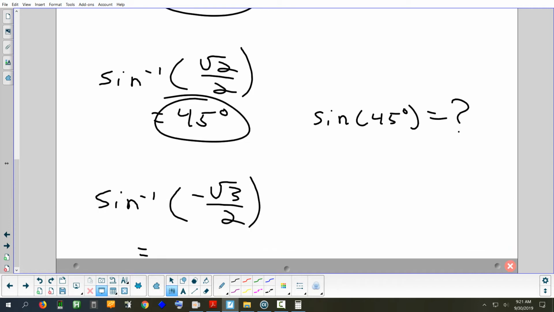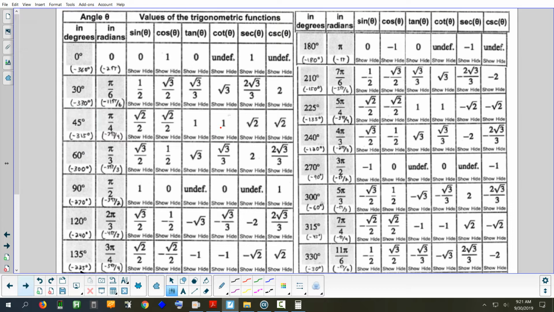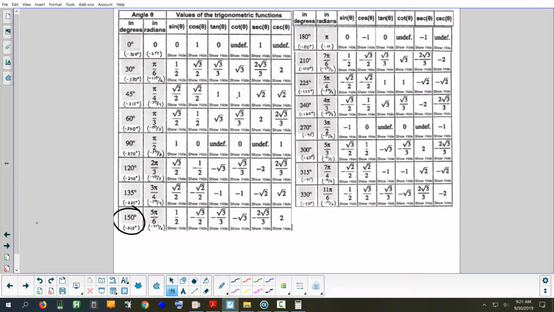Inverse sine of negative root 3 over 2. So negative square root 3 over 2. And if you look carefully, you should find 4 answers.